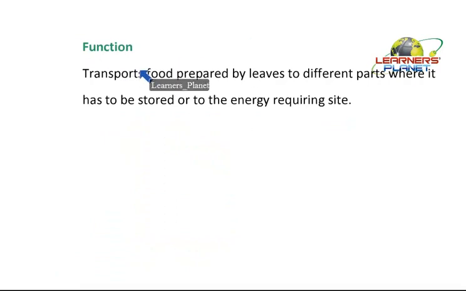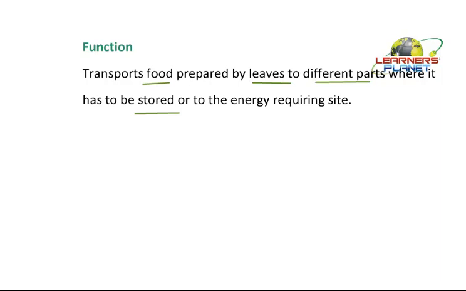Now the next function. After this much discussion, I think there is no need for describing the entire part in so much detail. But in brief, we can say that the function is to transport food material from where? From leaves to where? To the different parts of the plant, where they have to be stored.